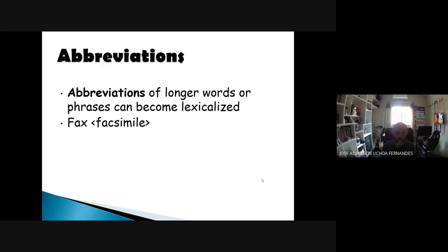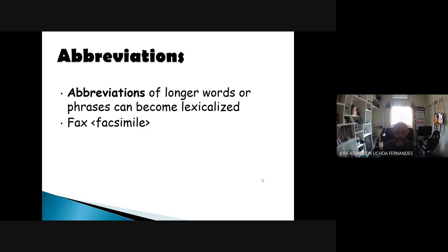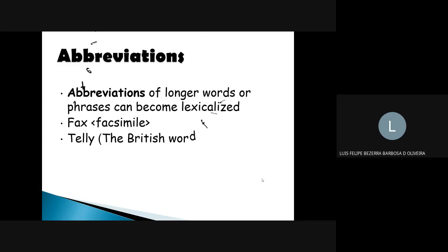Come on, guys. Examples of your own. It's always good when you can give examples. Give me one abbreviation in English.